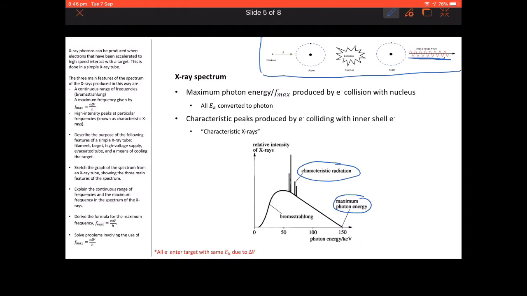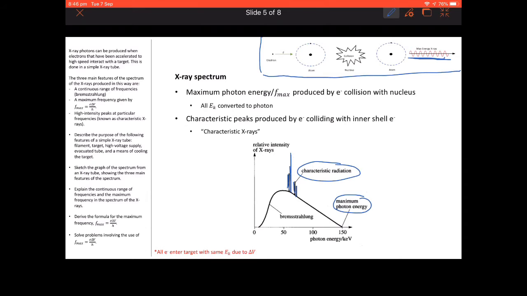The characteristic peaks, which are these sharp points here, are produced as a result of the incoming electrons colliding with the inner shell electrons. When those electrons collide, the incoming electron knocks the inner shell electron out of position.